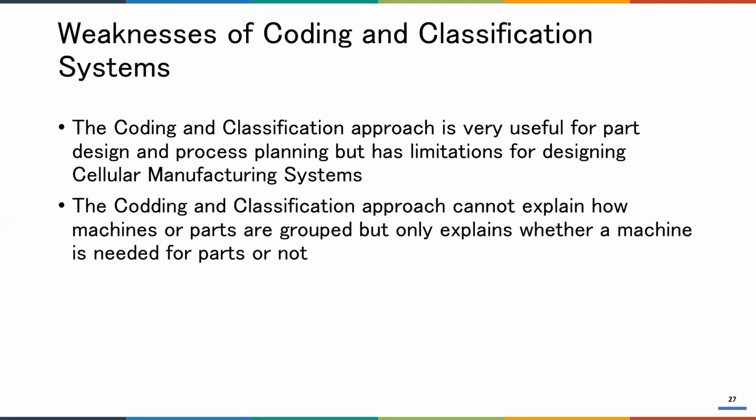However, if you have, let's say, a 2-digit number of parts, then it's still going to be quite complicated, and the coding and classification cannot help you explain how the machines will be grouped. So that's why they say that it's not for designing the cell manufacturing system, but rather just to classify the products into part families.